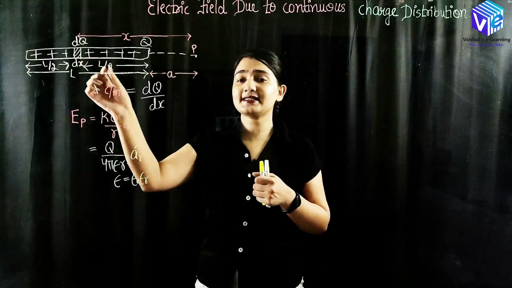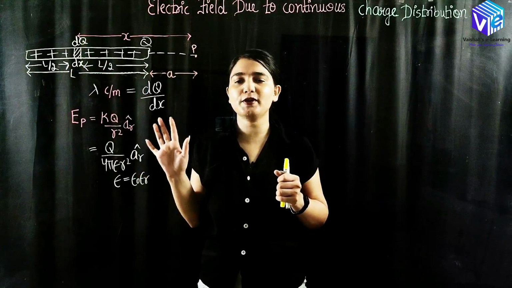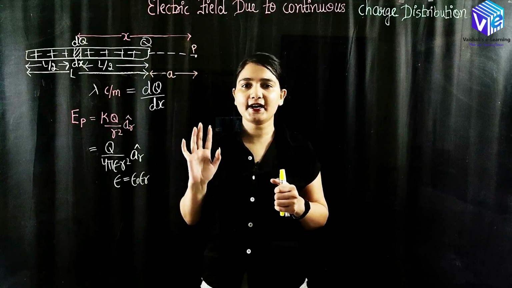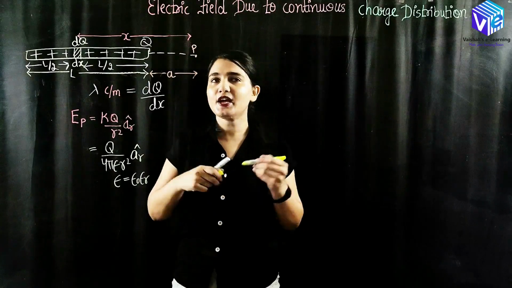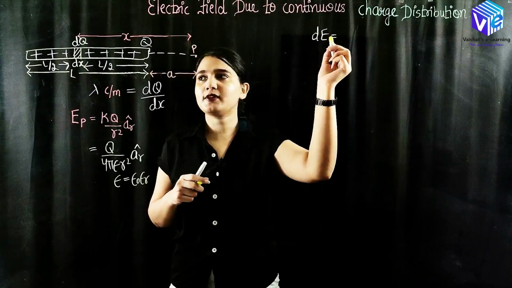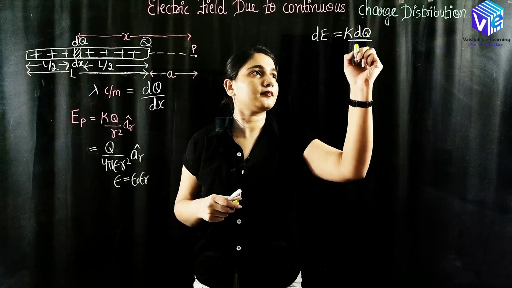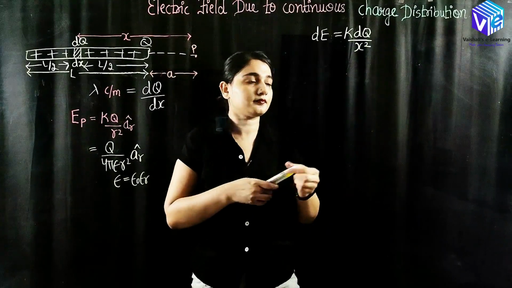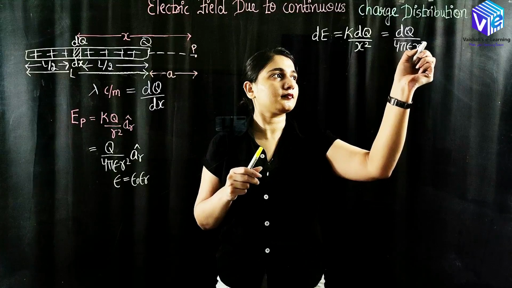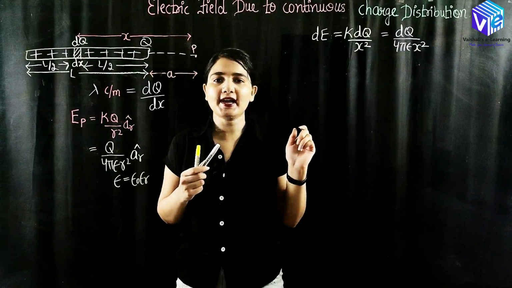This dx is very small, and I am considering this dq to be a point charge. Because of this point charge, I can find out the electric field at point P. So this will be my small electric field dE, which is given as k dq upon x square.